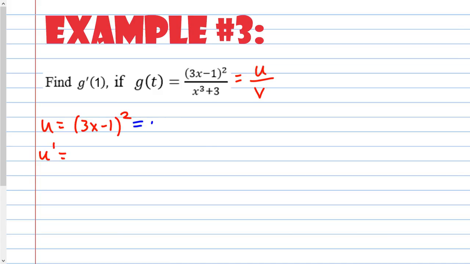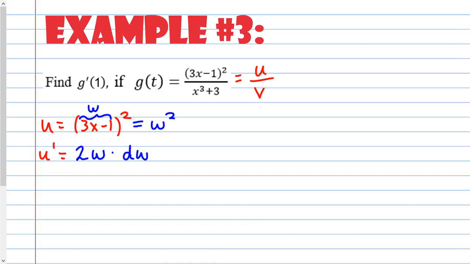So again, w squared. So u prime is going to be 2 times w times dw. The derivative of the outer times the derivative of the inner. This right here, 3x minus 1, is what I replaced with w.